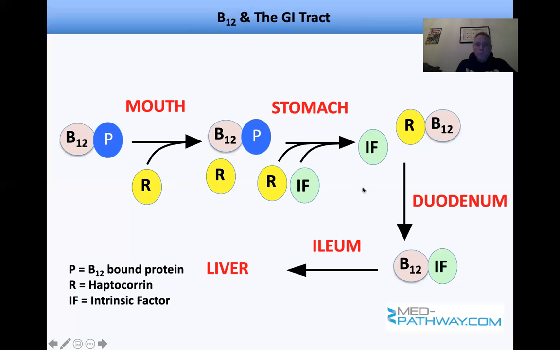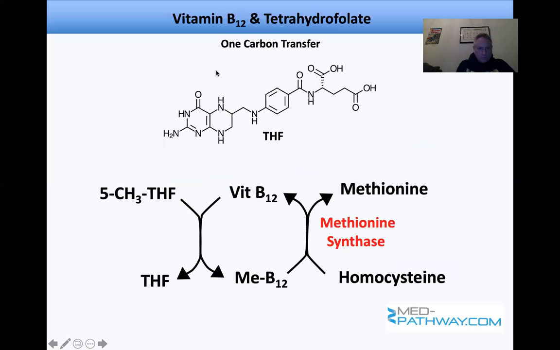It's important to note that B12 is actually unstable in acid, and so it's always coupled to something that's chaperoning it around. So B12 is linked to tetrahydrofolate. I may say folate, but tetrahydrofolate is the active version of the vitamin. Here's its structure right here.